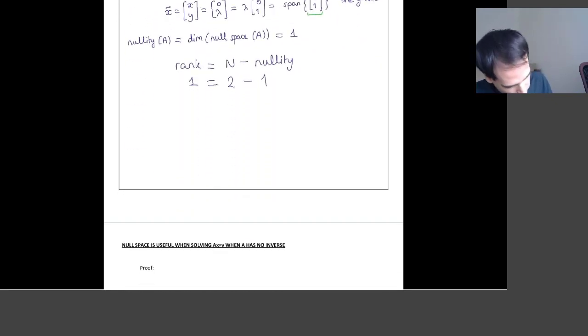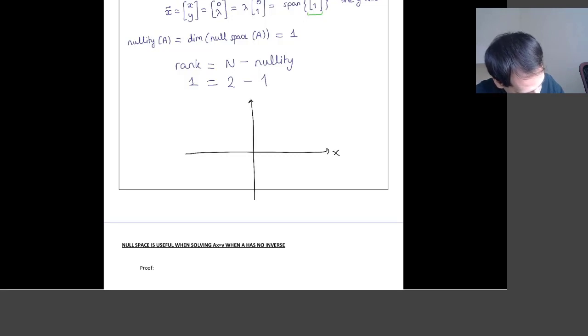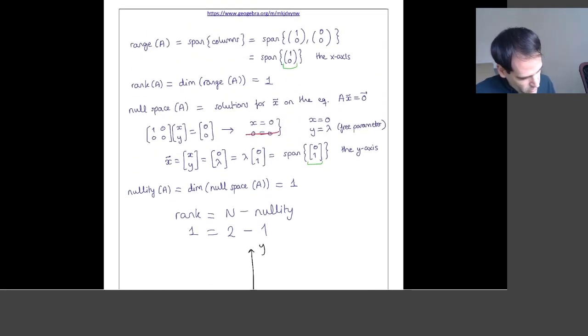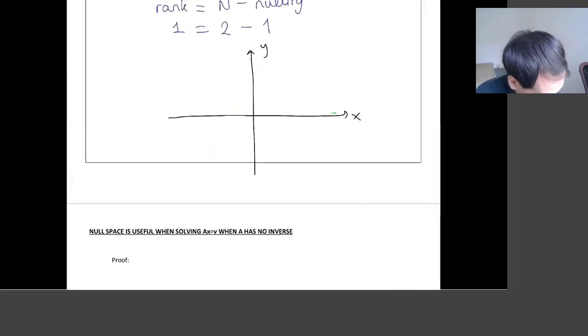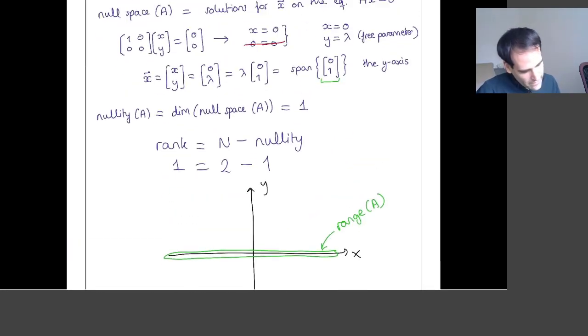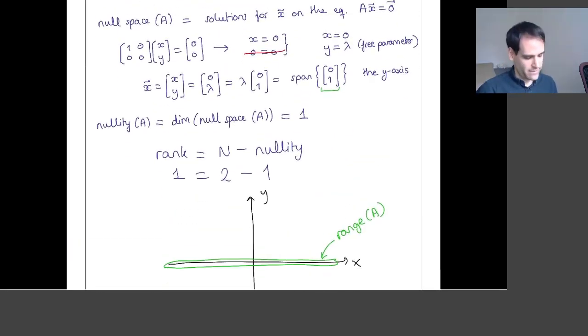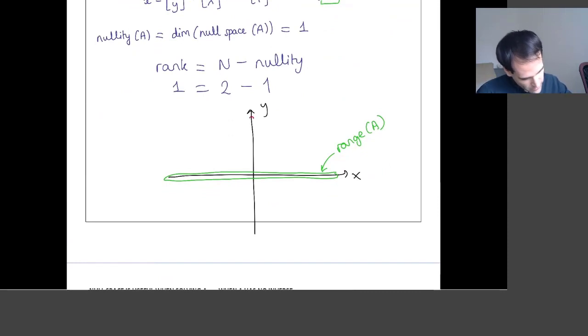Let's draw the different spaces. So the input space is x and y. Now the range is the x-axis. So the range is here. This is the range. While the null space is the y-axis. So the null space is this infinite line here. This is the null space.